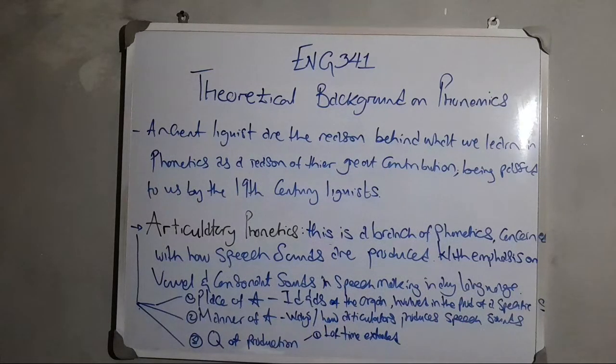Amount of force, and the presence or absence of the laryngeal. The larynx is said to be a hollow tube in the middle of the neck, just above your windpipe, and it is behind your esophagus.